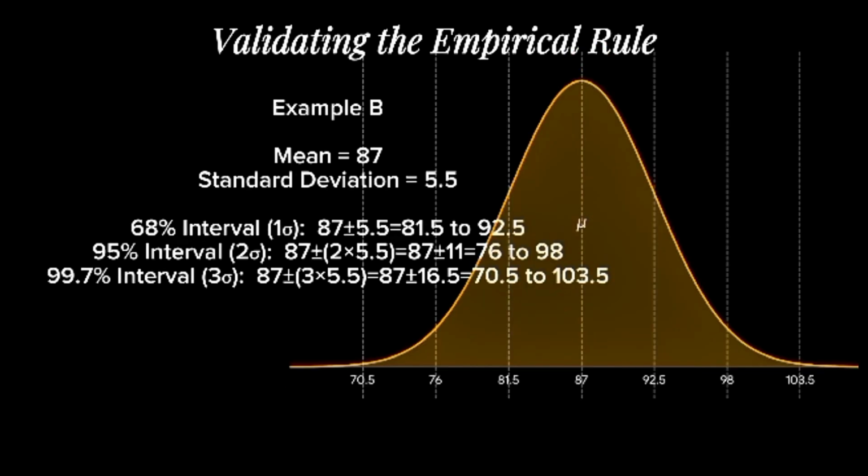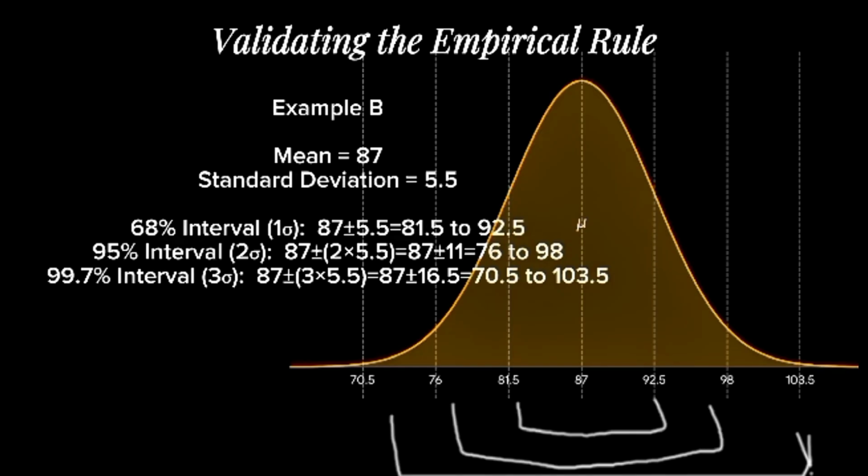Now, let's look at example B, which uses decimals. Our mean is 87 and our standard deviation is 5.5, even with a decimal number. One standard deviation gives us our 68% range of 81.5 to 92.5. Two standard deviations, which is 11 points, give us our 95% range of 76 to 98.